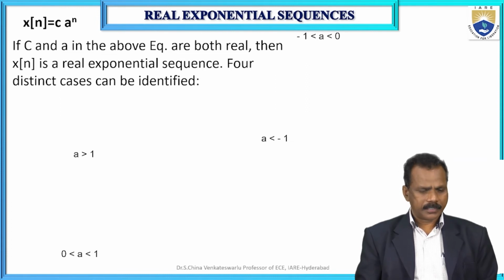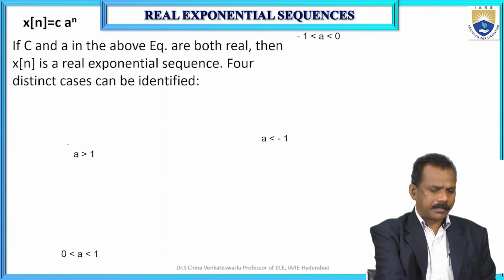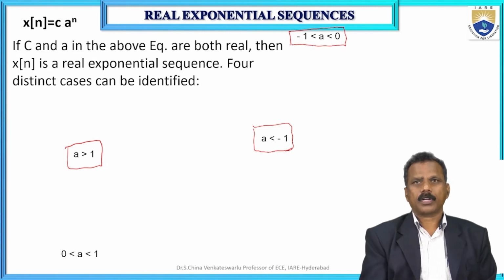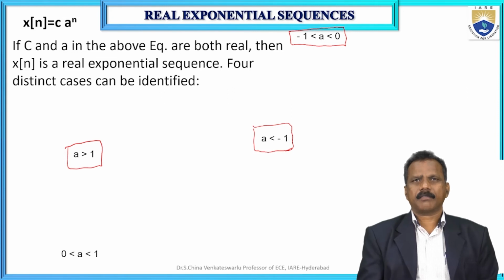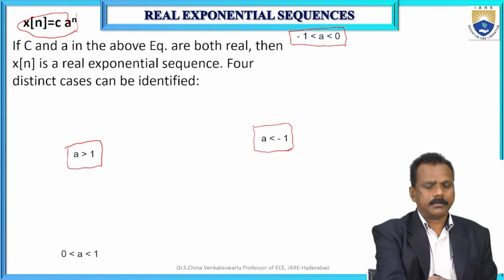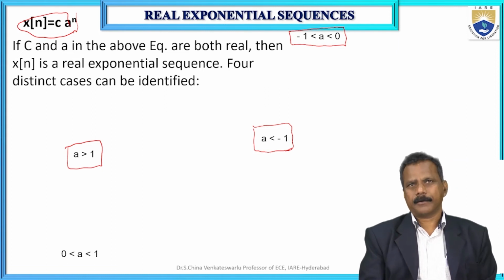The cases may be a greater than 1, a less than minus 1, minus 1 less than a less than 0. So what happens? This real exponential sequence is given by x of n equal to c into a power n.